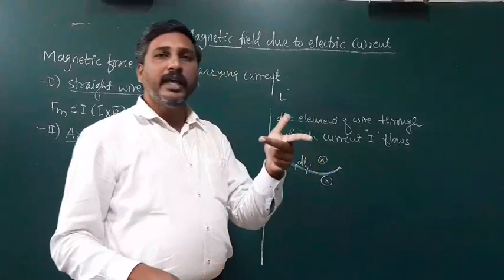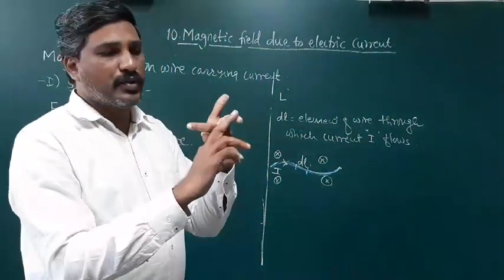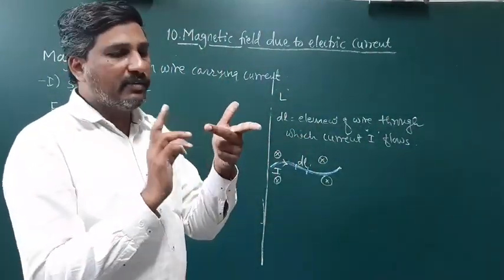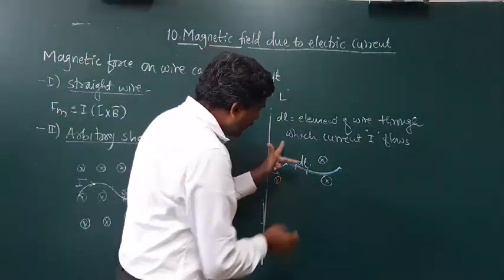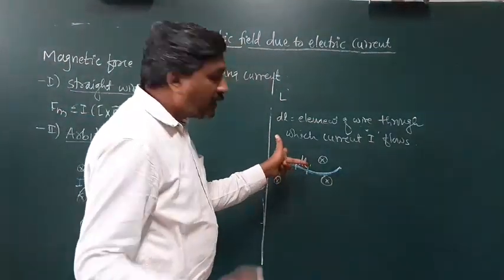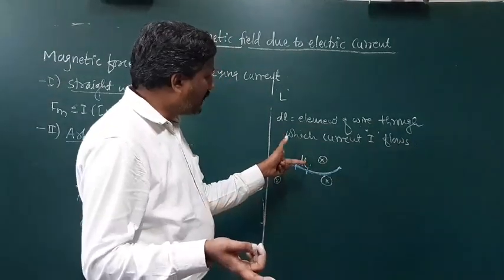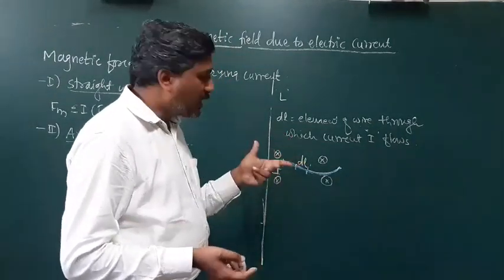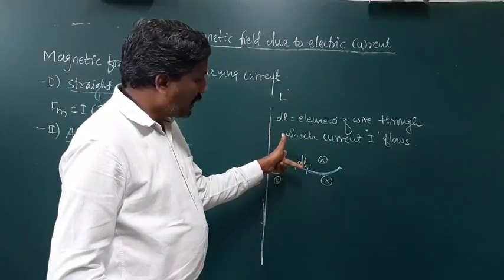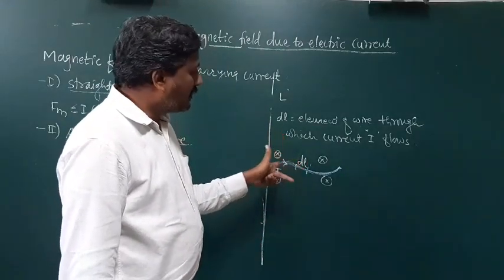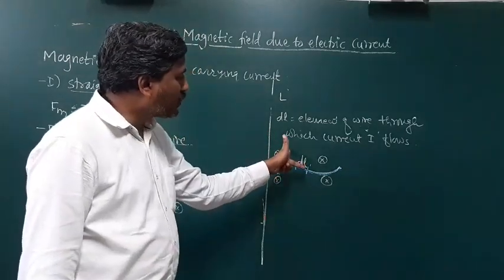Now again use this law. Thumb indicates force, first finger indicates magnetic field, middle finger indicates the direction of current. Through this small element, current is moving in this way. The magnetic field is away from the observer. If you are the observer, then the magnetic field is in this way. Are you getting this? Then what will be the direction of force?